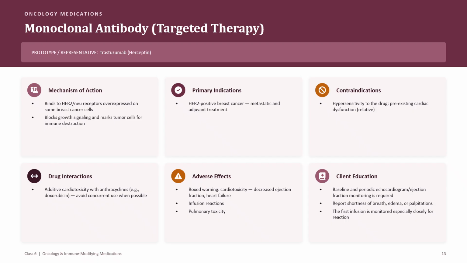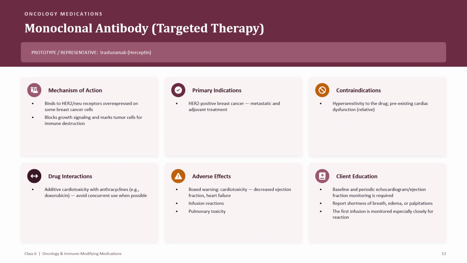Trastuzumab attacks one specific target, a receptor called HER2 that's overexpressed on some, not all, breast cancer cells. So this is precision targeting instead of a blunt instrument.